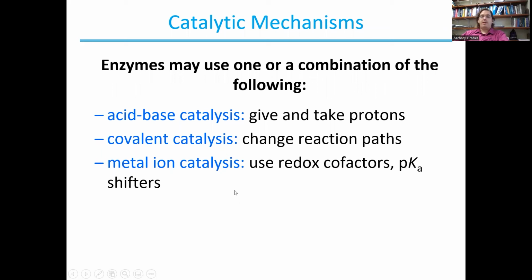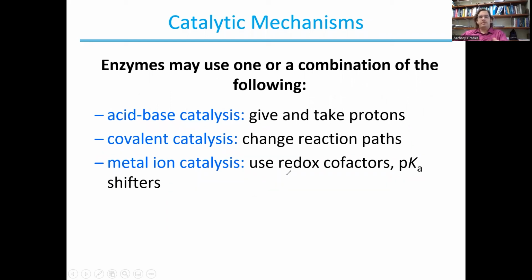We also have a wide variety of metal ion catalysts. So these can be used to shift pKa values, right? Again, that's what we talked about earlier, how charges will affect pKas and change the ionization of the substrate, or of amino acids within your enzyme that you're using for acid-base catalysis.